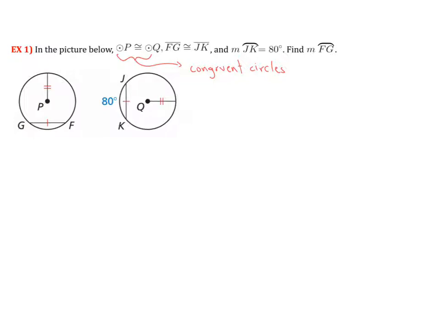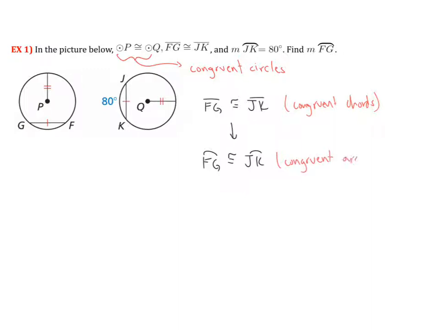Now, what did that theorem say? Well, if you have congruent chords, and in these two circles, I have a chord FG, and they also tell us that this chord is congruent to chord JK. So because these two chords are congruent, we are now allowed to conclude that their related arcs are congruent. In other words, arc FG will be congruent to arc JK. All right.